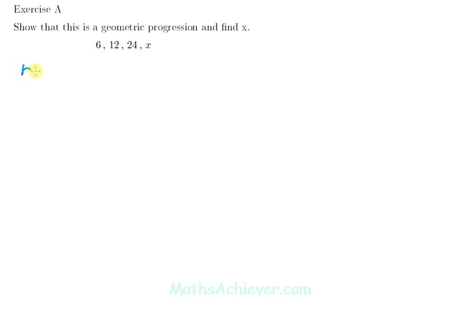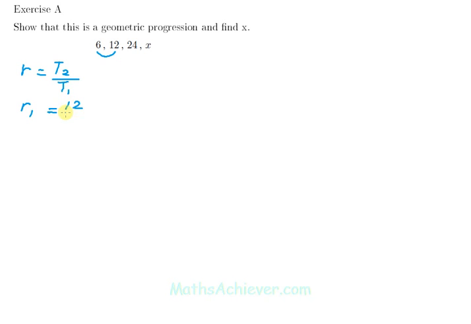And we know that the common ratio R is equal to T2 over T1. It could also be T3 over T2. Now in this case, let's make use of the second and the first term.